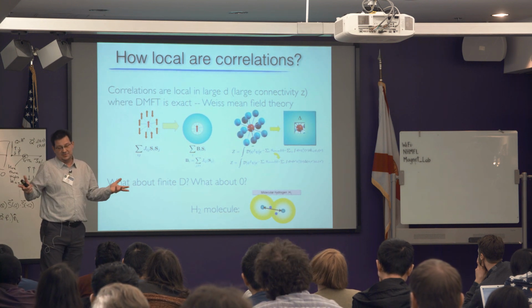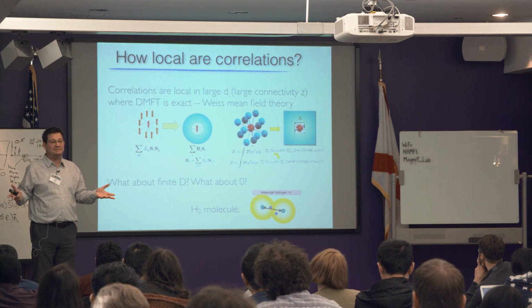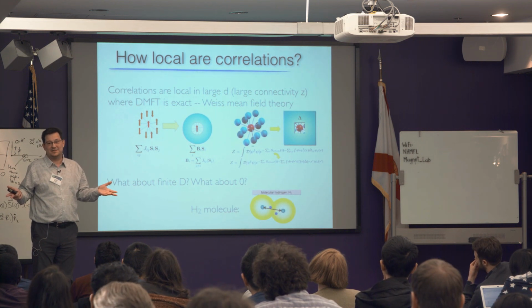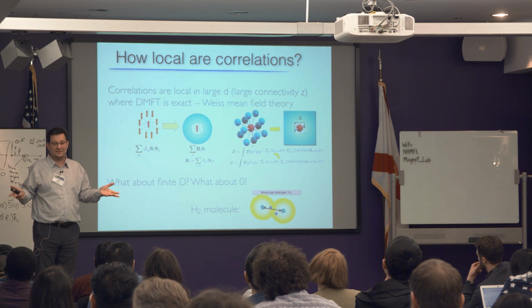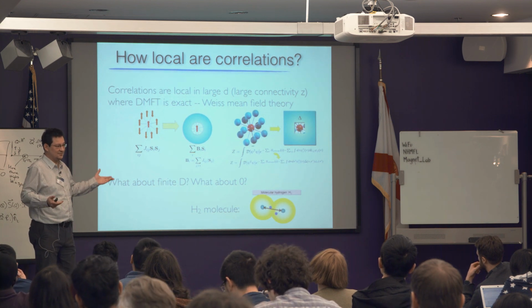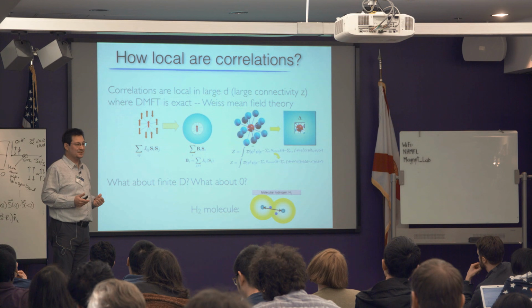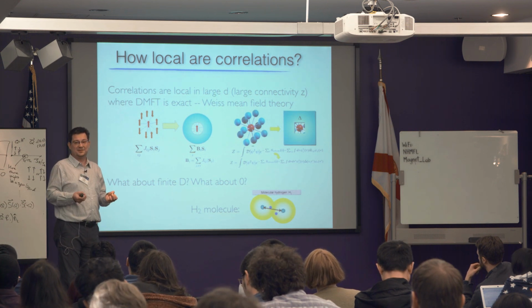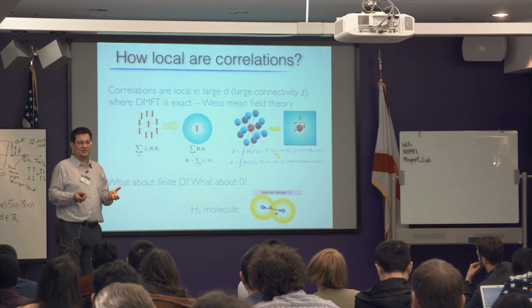Now, of course, the usual question is whether this is any good in 3 dimensions. At first sight, it's not obvious at all. Experience shows that it's very good, just like DFT is very good. But the worst case scenario is the 0-dimensional case, a molecule.